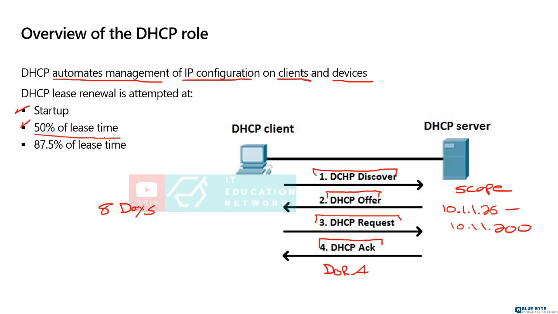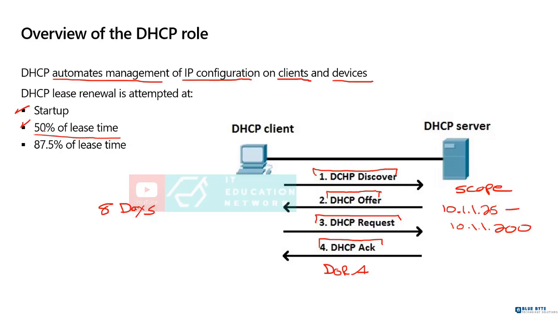So let's say you just don't cut your computer off for the week. You obtain an IP address. 4 days later, it's going to renew the same IP address. 4 days later, it's going to renew that same IP address again and again. And you'll just indefinitely keep the same IP address because it'll just keep renewing whenever it hits 50%. Or whenever you start up.